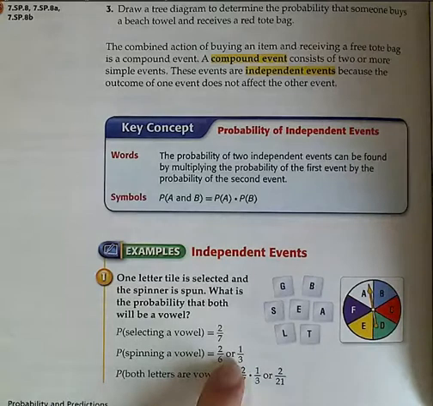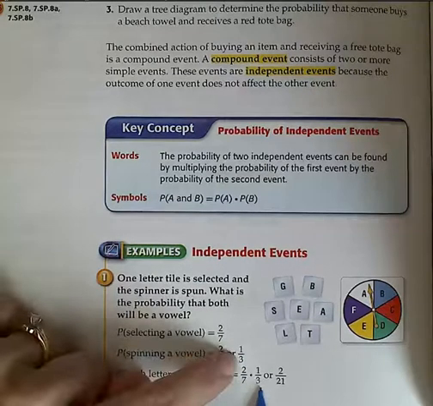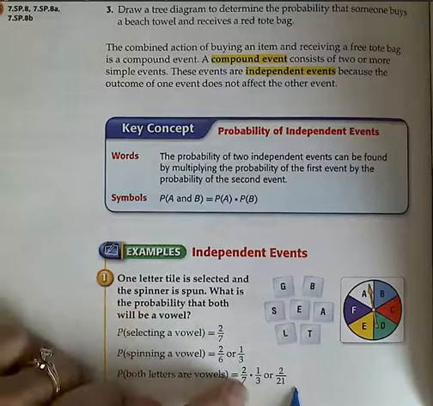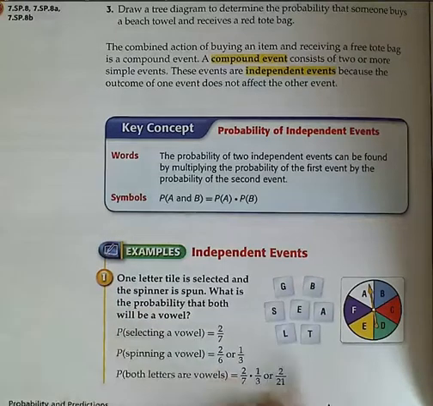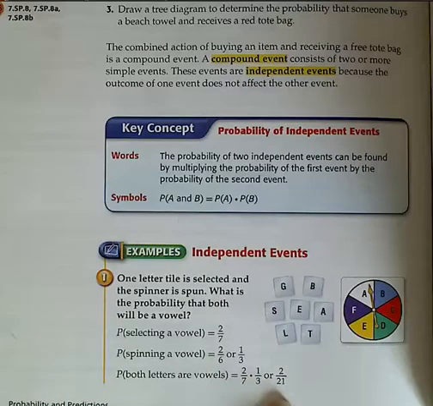I'm going to highly recommend you reduce to lowest terms and look for common factors on tops and bottoms when we fraction multiply. So you take the probability of the first thing and the probability of the second thing and you multiply. Well, that's easy. And what is that? And so the probability that you get both vowels is only 2 out of 21.